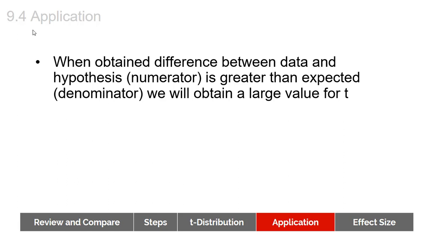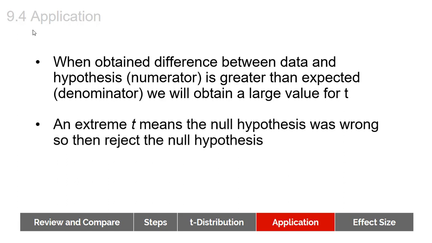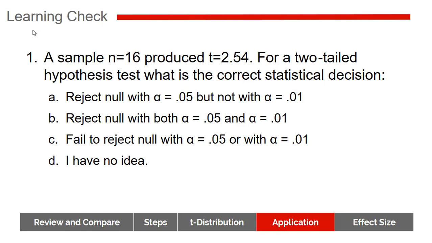So when the difference that we are seeing between our mean and the population mean is a lot more than just the difference we would expect to see by random chance, that gives us a larger t value. And an extreme t, or a larger t value, means that the null hypothesis was wrong, and we reject the null hypothesis.